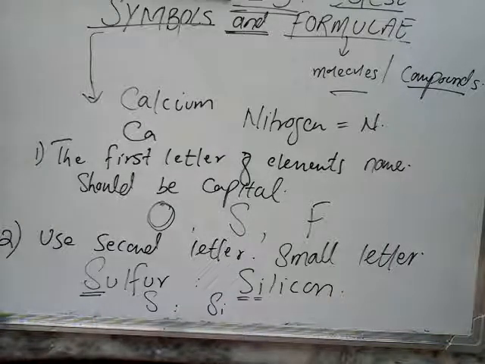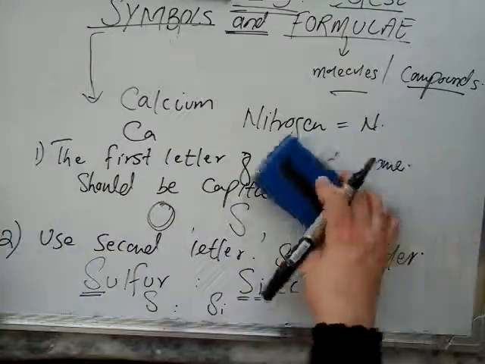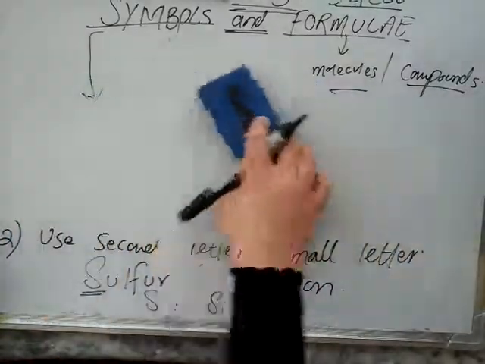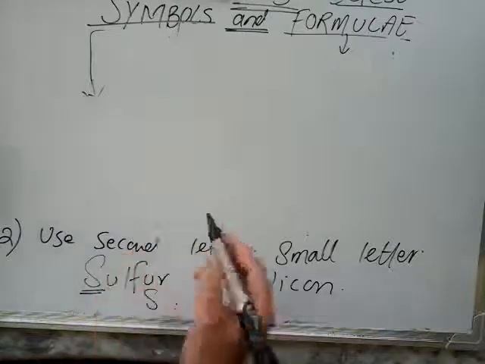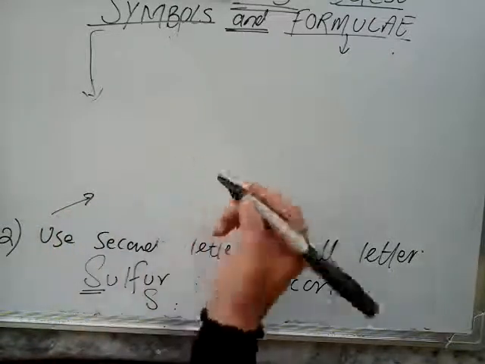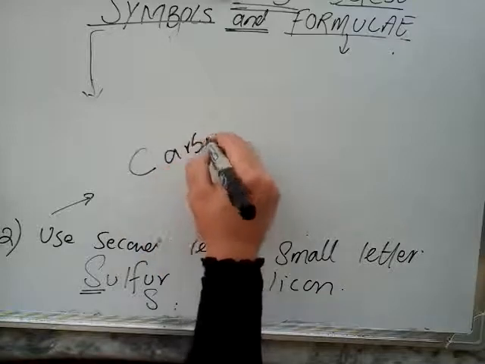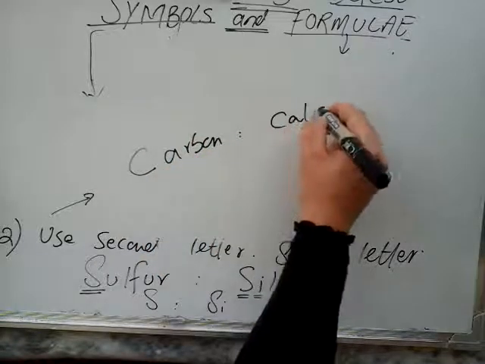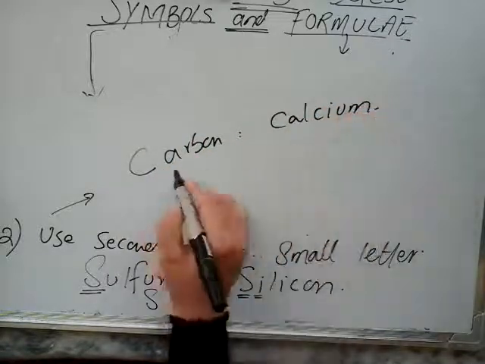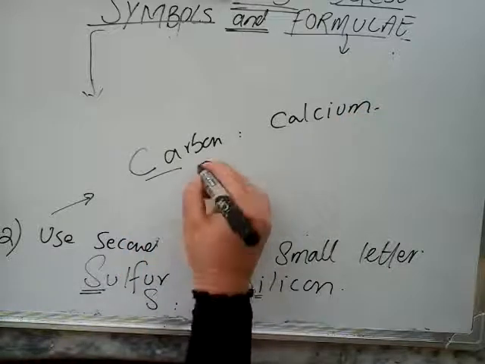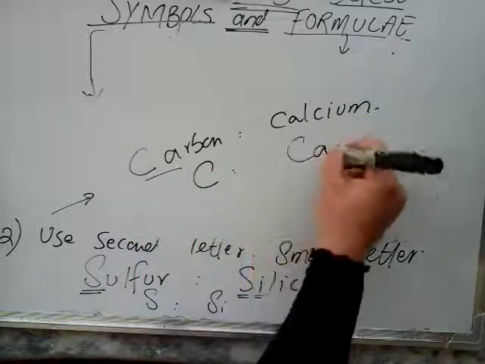I will use the second letter in order to differentiate between sulfur and silicon. Is that clear? Let me give another example related to this point. We have carbon and we have calcium. Here carbon's symbol is C, calcium is Ca.